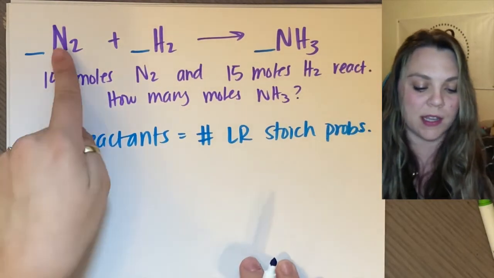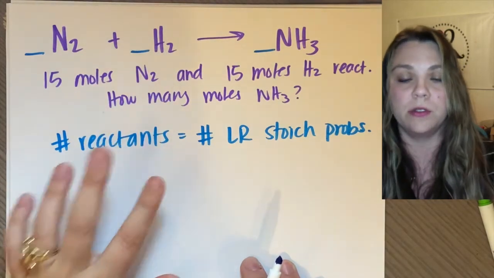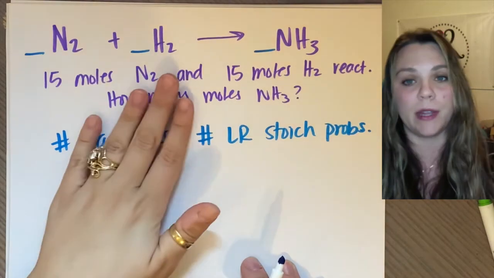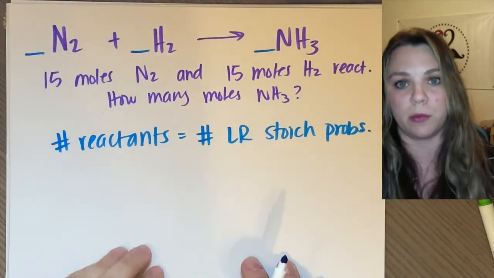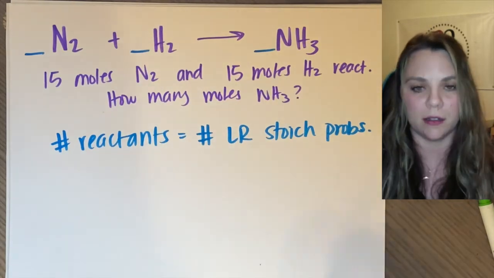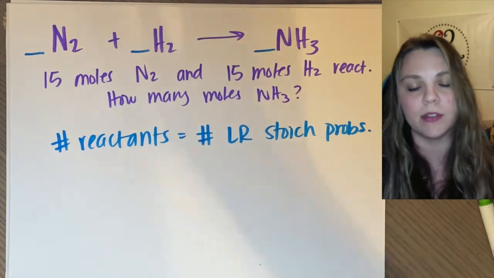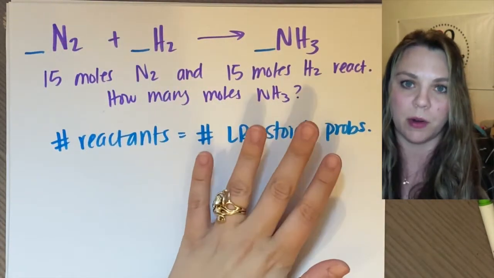Okay, so in this case I have 2 reactants, so I'm going to do 2 stoich problems. If I had a reaction that had 3 reactants, I would do 3 stoich problems. If I had 72 reactants, I'd have to do 72 stoich problems. Obviously we won't give you that, okay? But my number of reactants means that's the number of stoich problems I'm going to do.